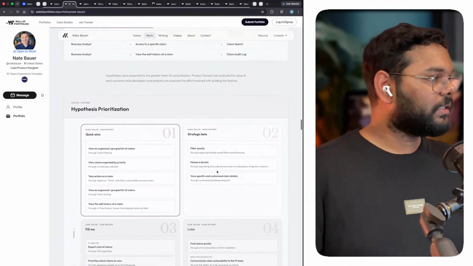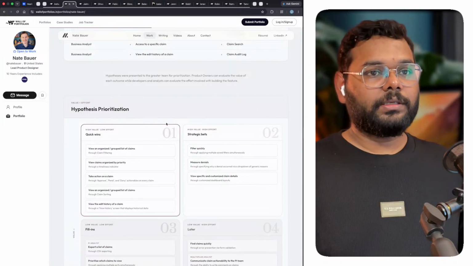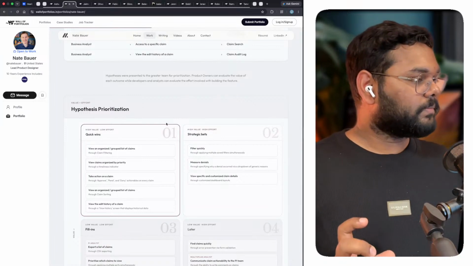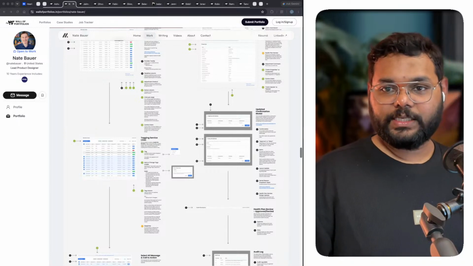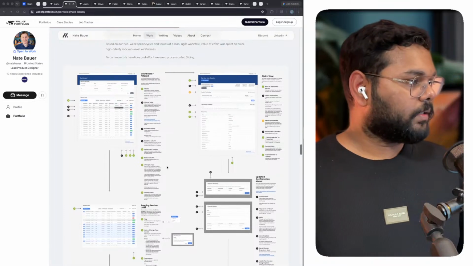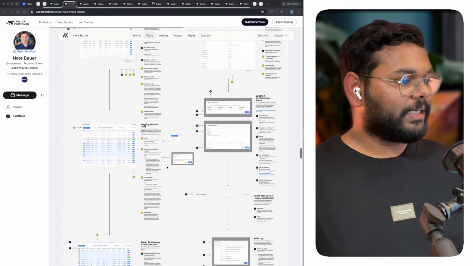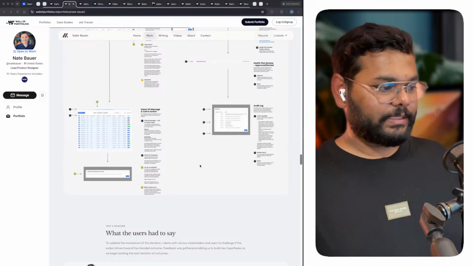Although I feel it's detailed, but it's okay. So let's continue. And so I think Nate has put a lot of details, in fact a lot many details, right?